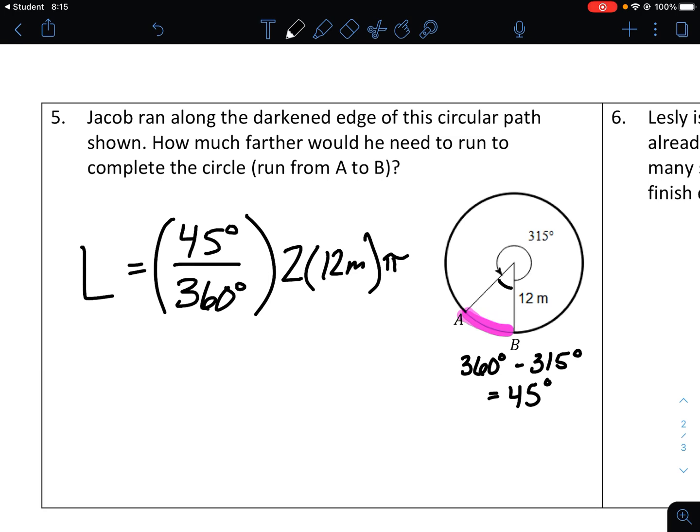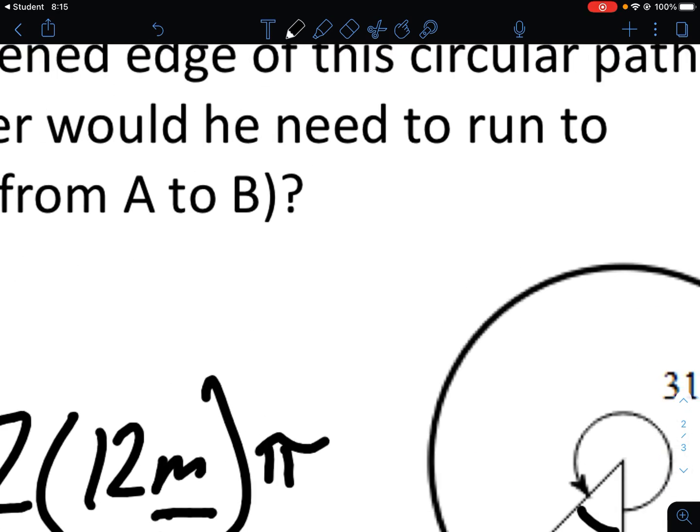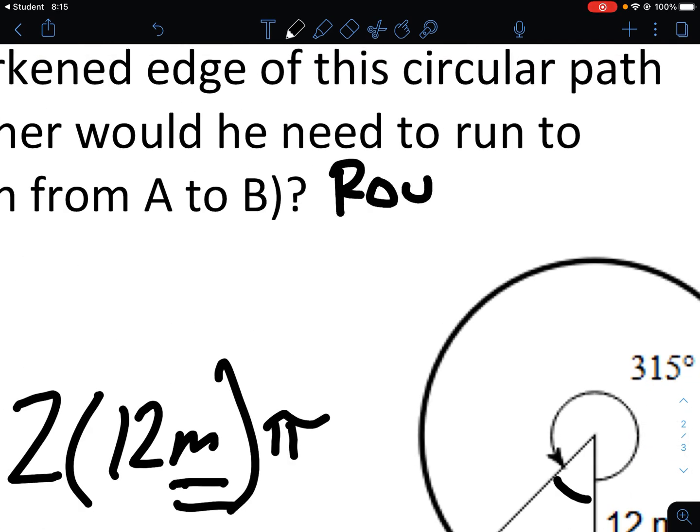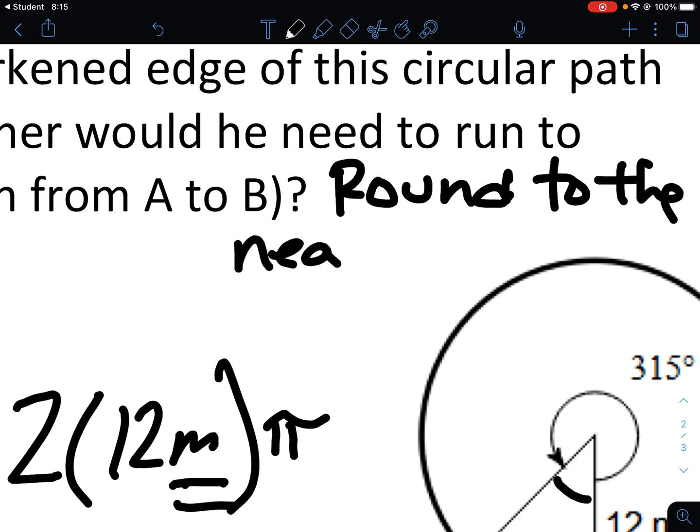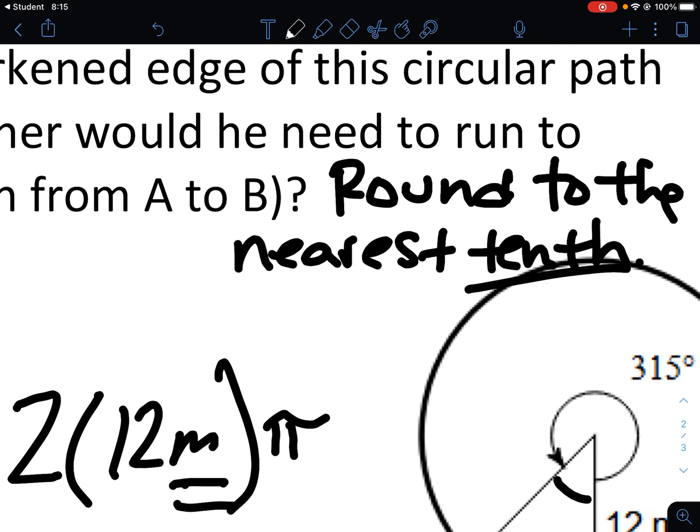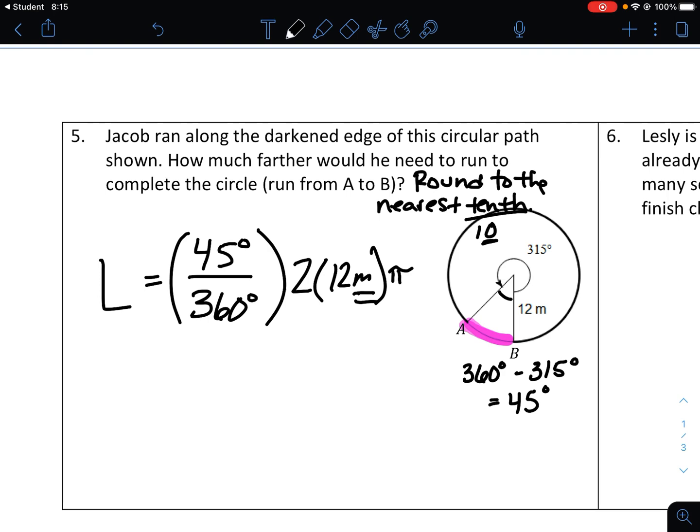Your units are going to be in meters. It doesn't tell you to round, so let's round to the nearest tenth. As the number 10 has 1 zero in it, you're going to round to 1 decimal place.